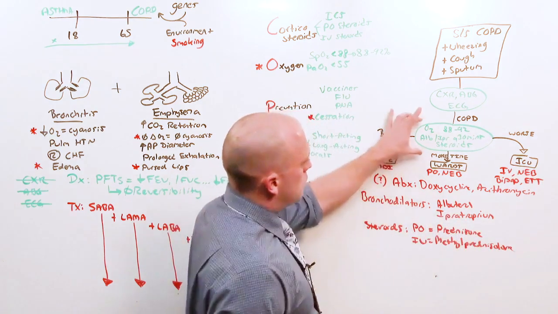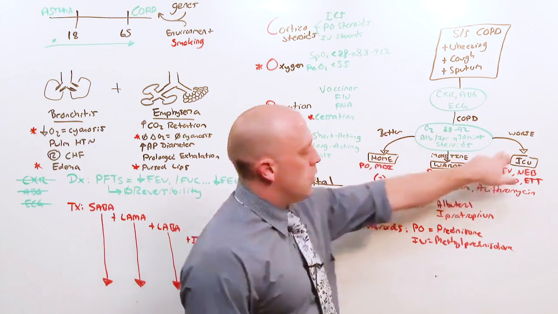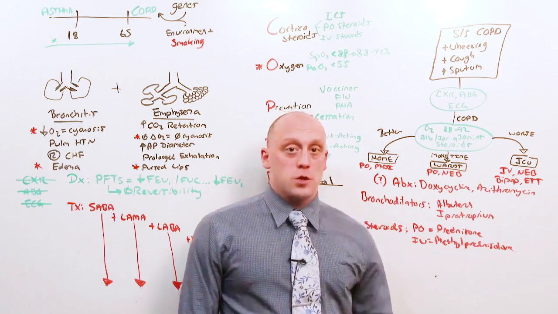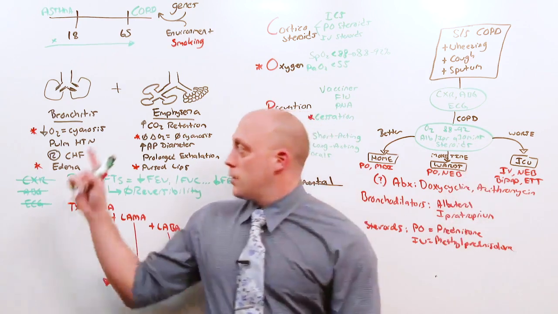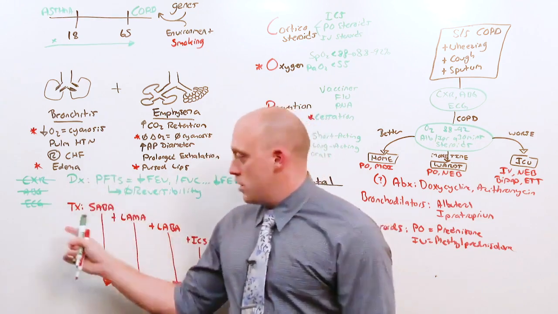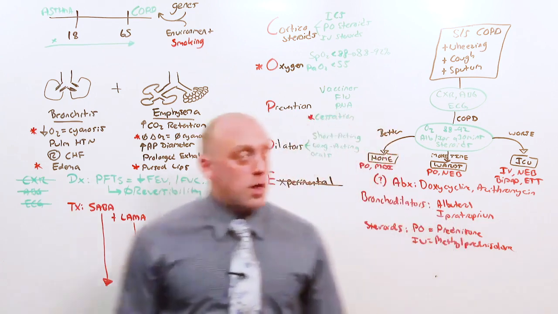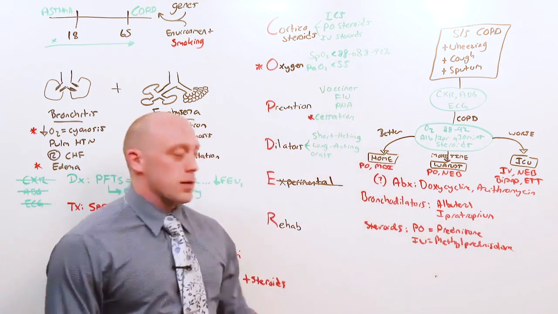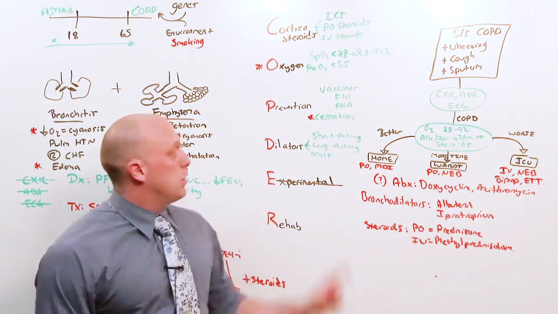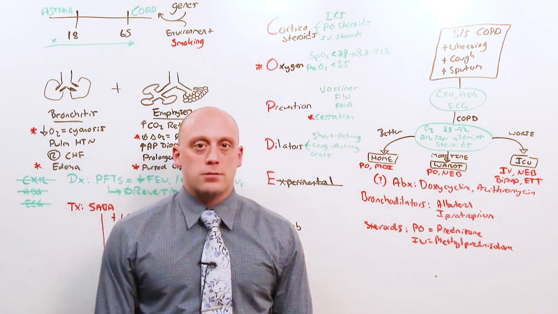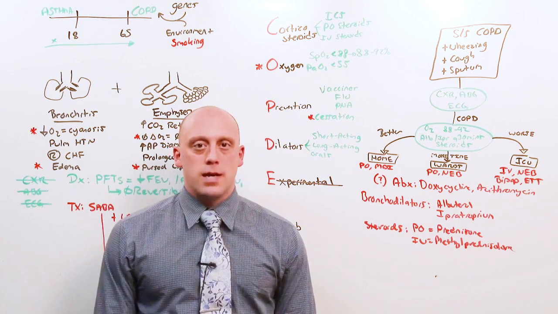But it's the response to the treatment that tells you where they're going to go and what they're going to get. So we talked about COPD exacerbation, how to identify and diagnose COPD, medical therapy for chronic stable COPD, and then the global therapy for COPD in general, focusing primarily on oxygen and smoking cessation to improve mortality. That's COPD.